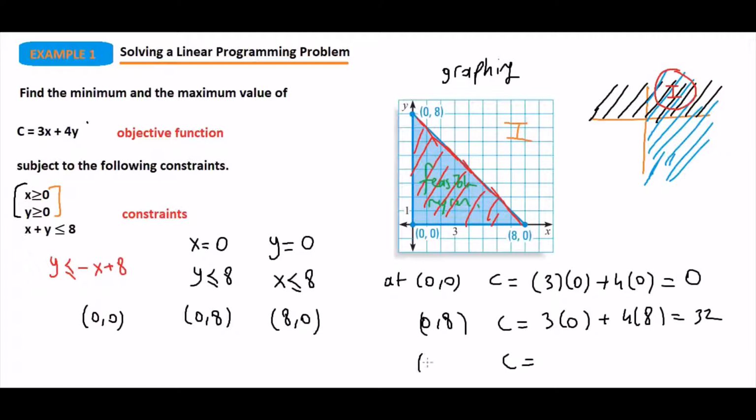And our objective function at (8, 0) is equal to 3 times 8 plus 4 times 0, which is 24. So the minimum value numerically is the min. So this is our minimum and this is our maximum. So now we know the minimum and the maximum of the objective function.